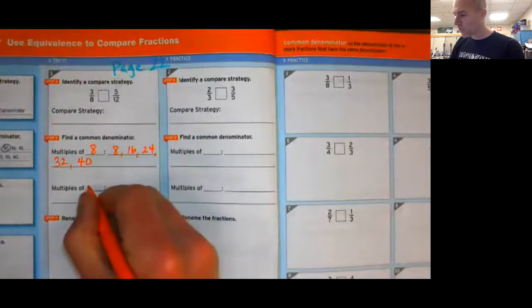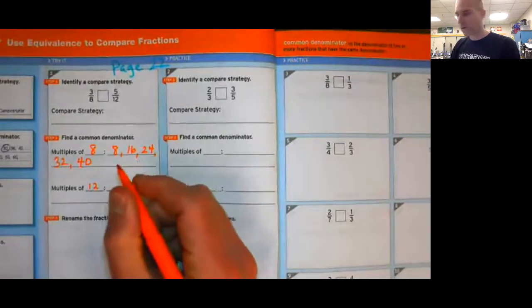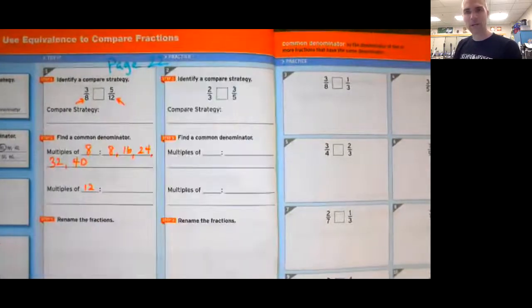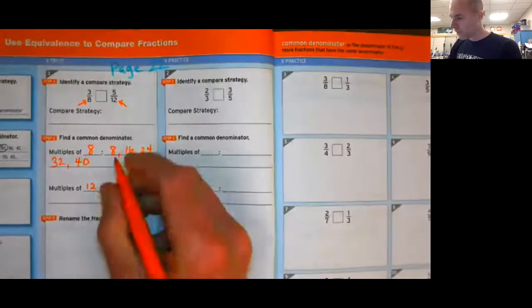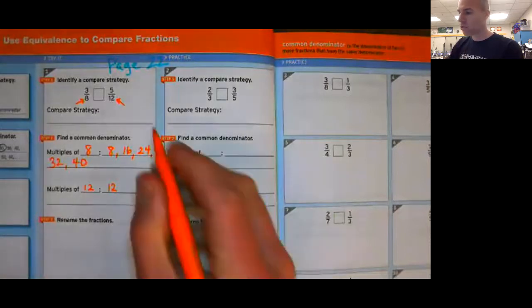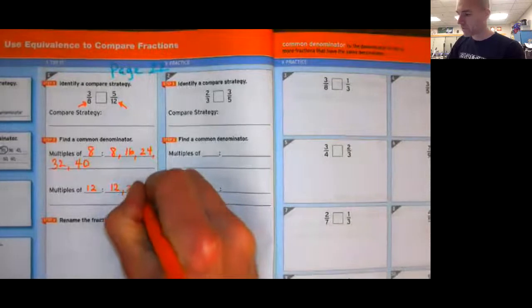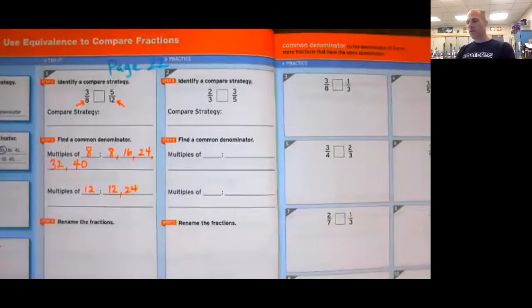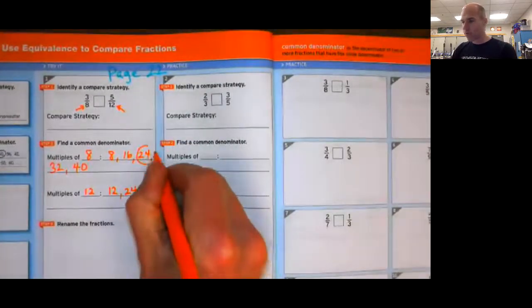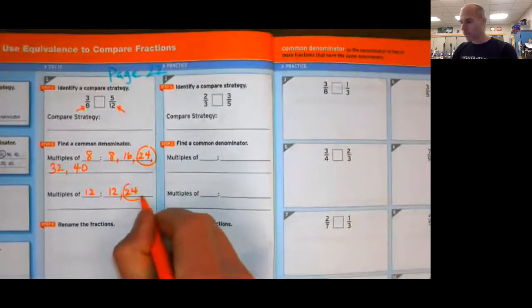And then our multiples of 12. I'm getting the 8 from here and the 12 from here. So 12, and then 2 times 12, or 12 plus 12 is, I'm going to give you a second to think about it, 24. So we don't even need to really go any further at this point. We have a common multiple. 24 is a multiple of 8, and 24 is a multiple of 12.